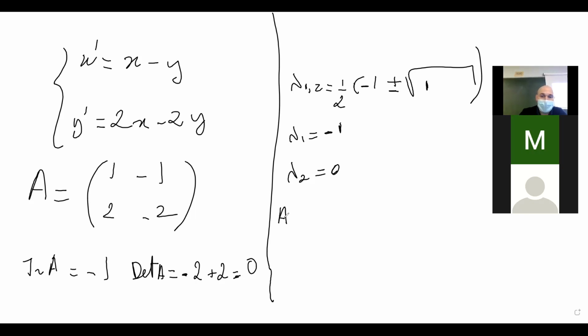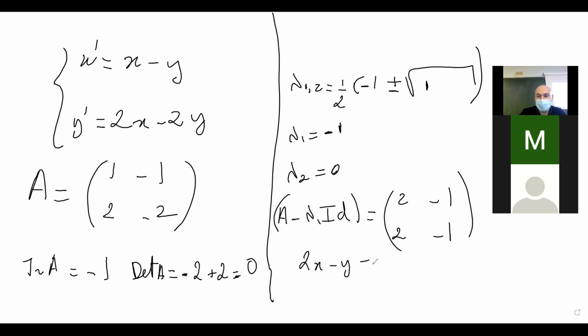So A minus lambda 1 identity is equal to 2, minus 1, 2, minus 1. So 2x minus y equals 0 gives y equals 2x. So I can choose v1 to be 1, 2. All right?